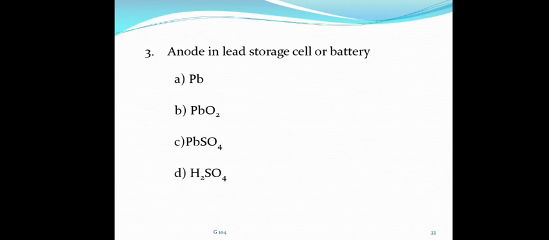You know that all these things are present in lead storage battery. PbSO4 is the product that is found on both the electrodes. H2SO4 is the electrolyte. The last two options are wrong. So among A and B, A is anode and B is cathode. So the right answer is A.